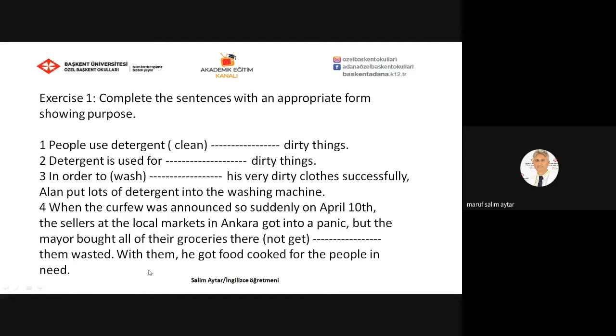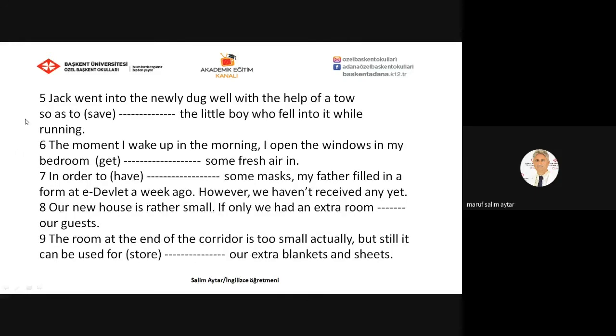With them, he got food cooked for the people in need. And in the fifth one, Jack went into the newly dug well. Why? For which reason? With the help of a towel so as to save whom? The little boy who fell into it while running.